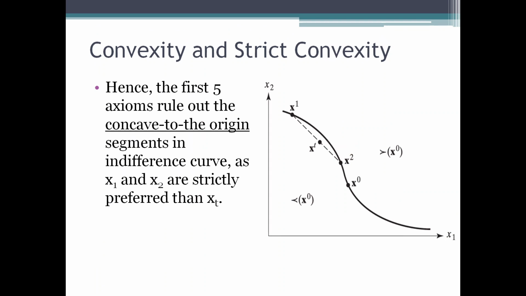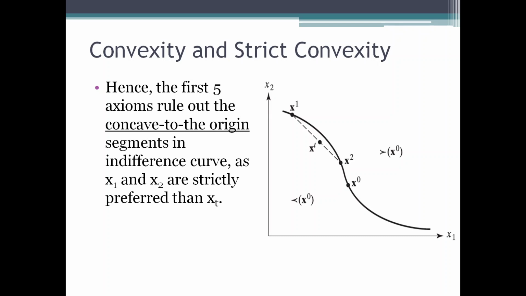These two assumptions are also extremely important for the structure of the indifference curve. Why so? Let's assume that this is an indifference curve. Here we are trying to prove it by contradiction. The part just above x2 is a concave shape curve. The part below x2 is a convex shape. Let's analyze the concave part.